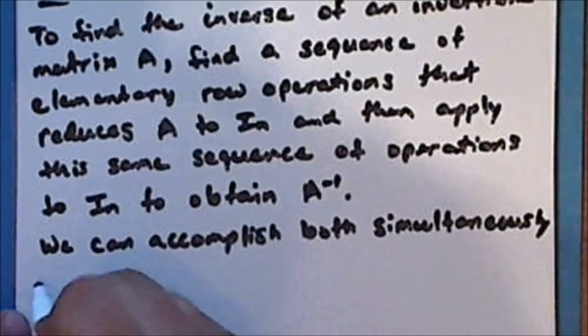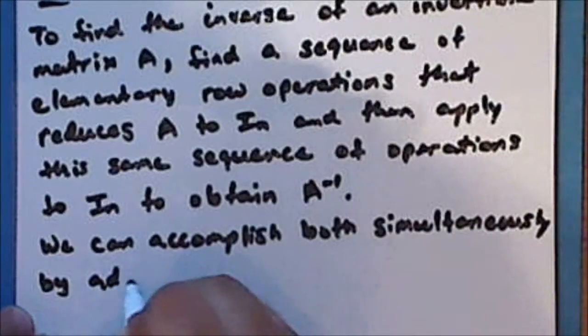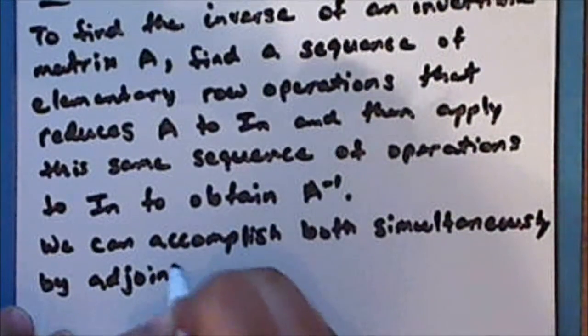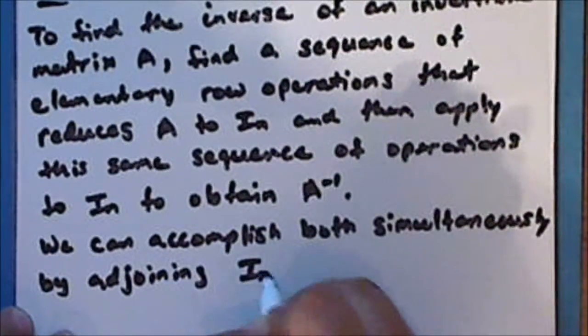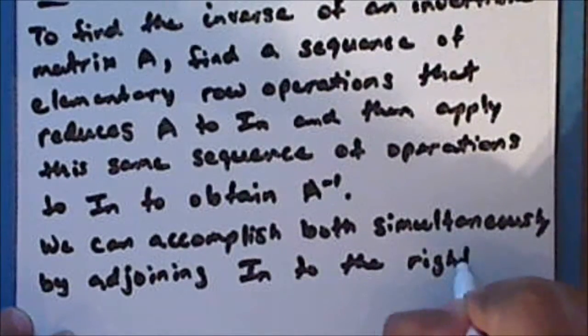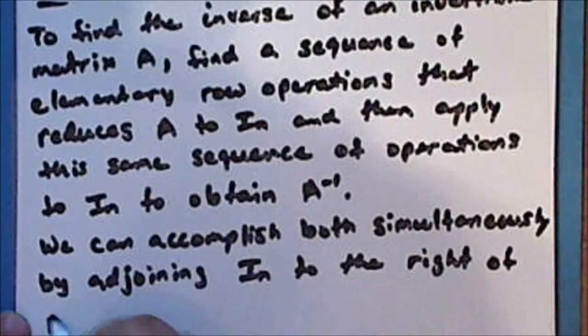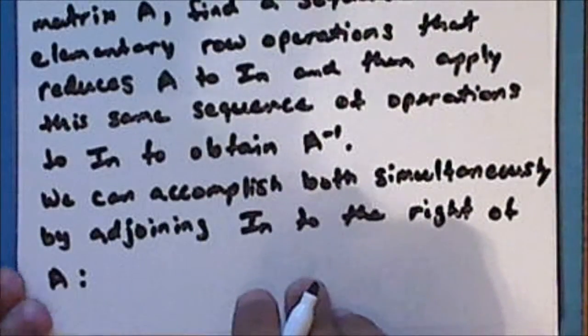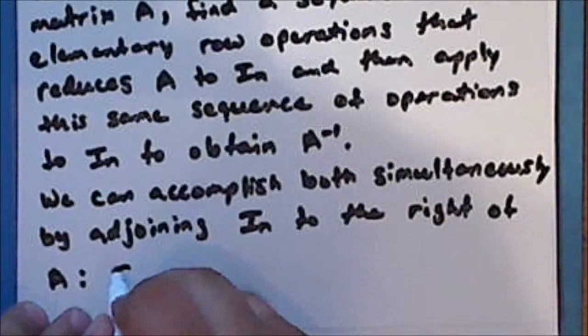By adjoining the identity to the right of the matrix A. That is, we form a larger matrix.